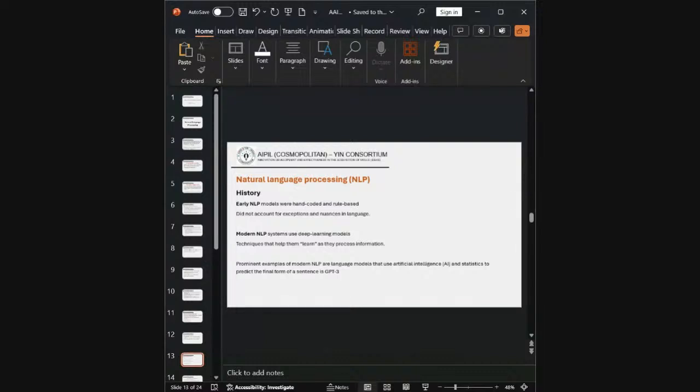I hope you remember our deep learning architectures from our deep learning modules. Our modern natural language processing systems put all that into play. A typical example is what we are enjoying now, ChatGPT. GPT-3, we have GPT-4, and we're evolving with time. That's how we have come.